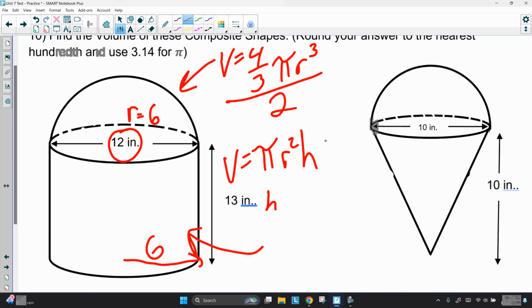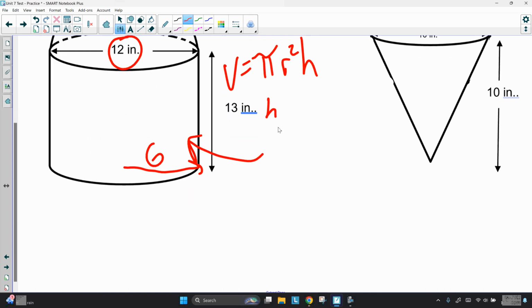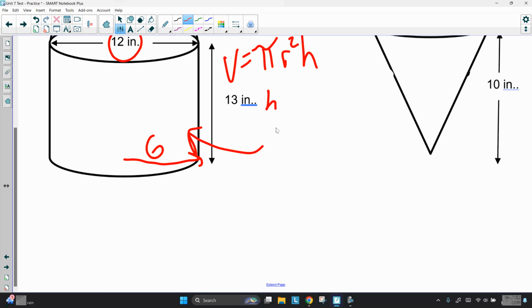I'll go ahead and do the cylinder now. Remember, that's the volume for the sphere, which was 4/3 pi, and the radius is going to be 6 cubed. We're adding the cylinder volume, so that's going to be pi times the radius, which is 6, they're going to share it, as we were discussing earlier, squared, and our height is 13.